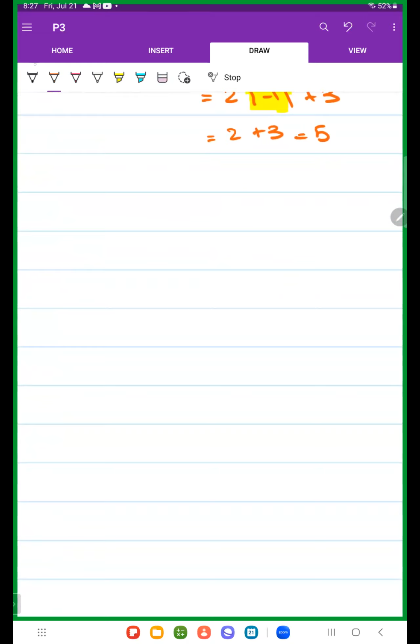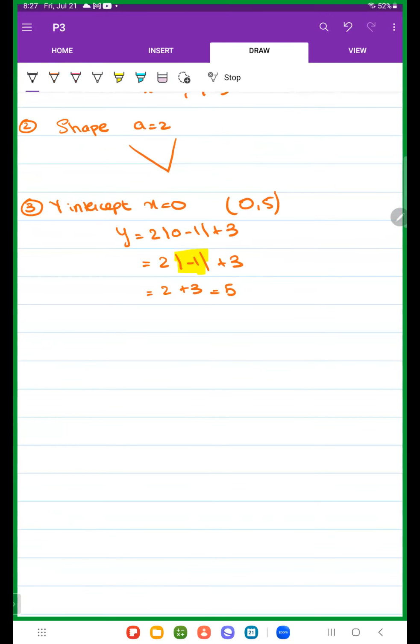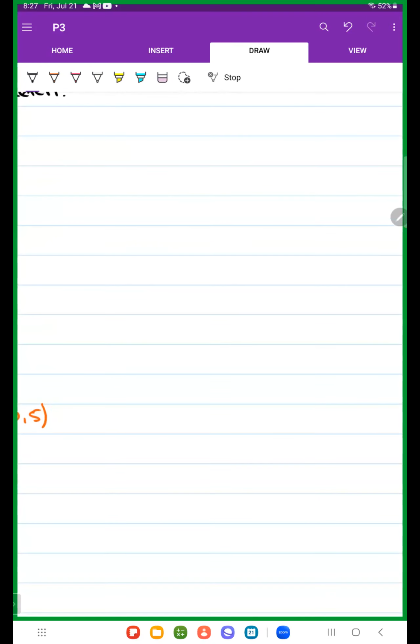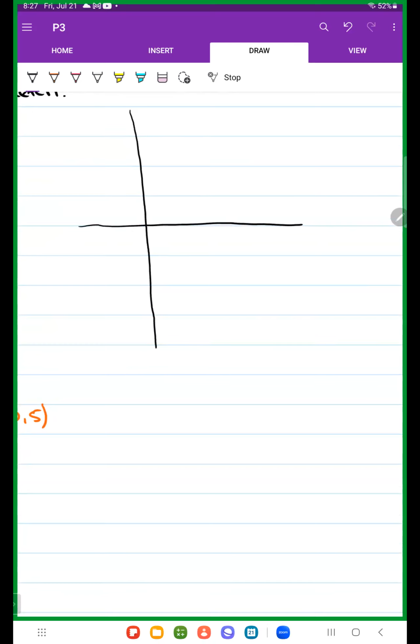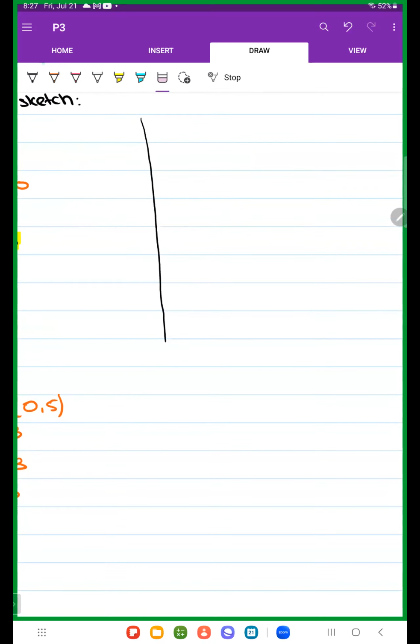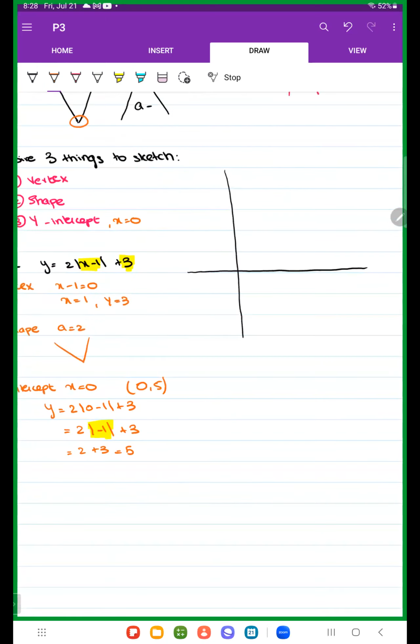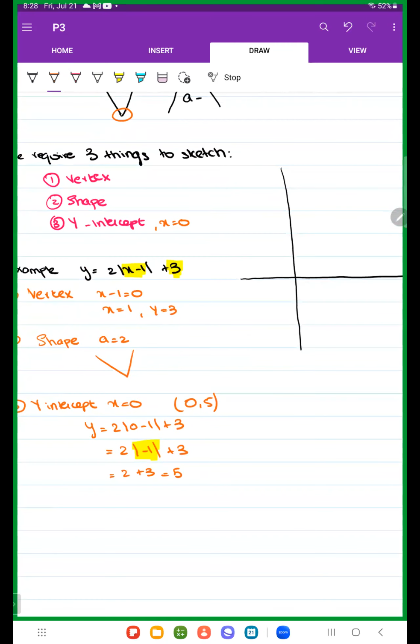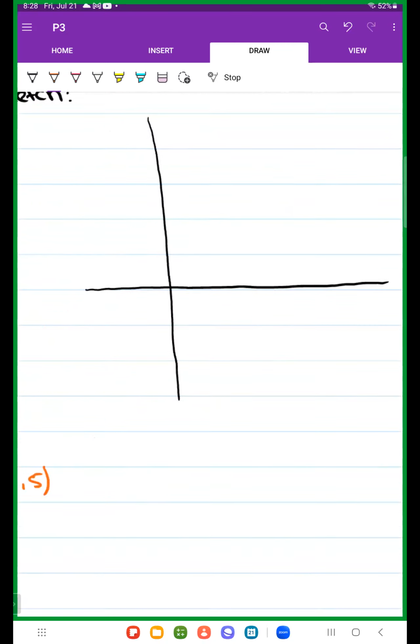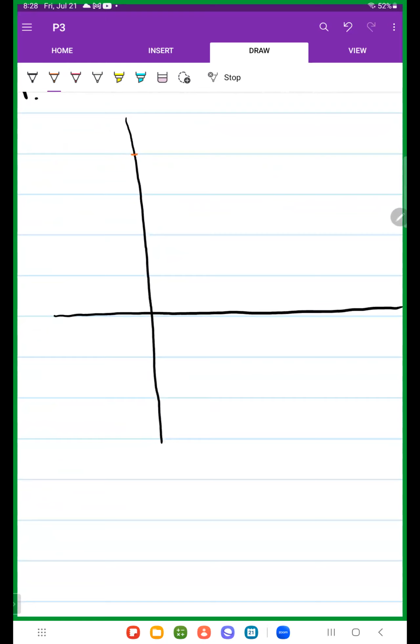Now let's try to draw the graph for this. Sketching does come in your exam, all right? So you need to know about this. My y-intercept was (0, 5). So this is my y-intercept.